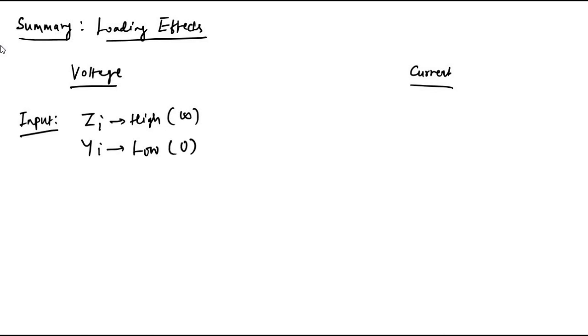Then for current sources, same input side, the input impedance should be low, ideally 0, or we can say the input admittance should be high, ideally infinity.